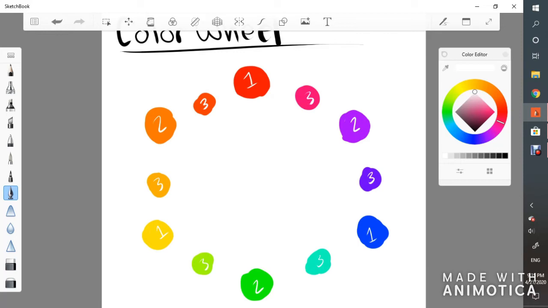So, when you use a color wheel to find things that look good together, and by things I mean colors, you see this all over the place, colors that look good together. One way to find two colors that look good together is to look on the color wheel and find two colors that are opposite to each other.